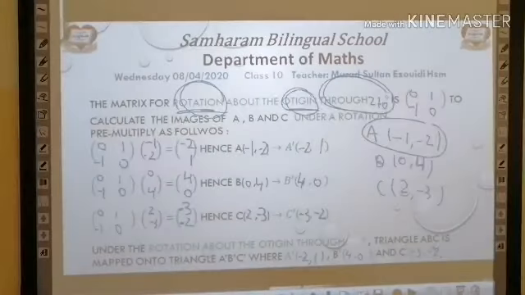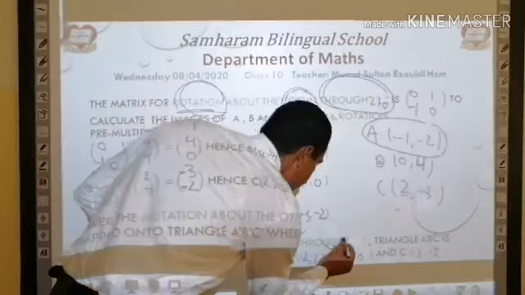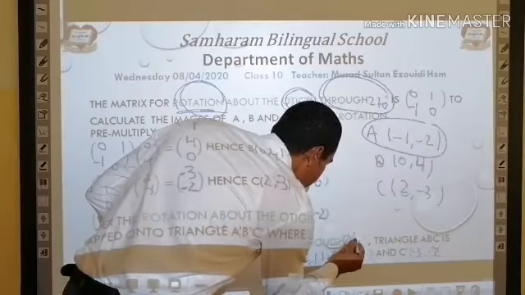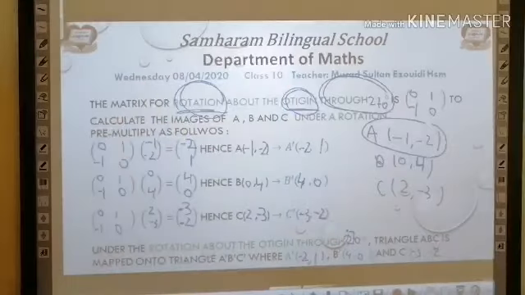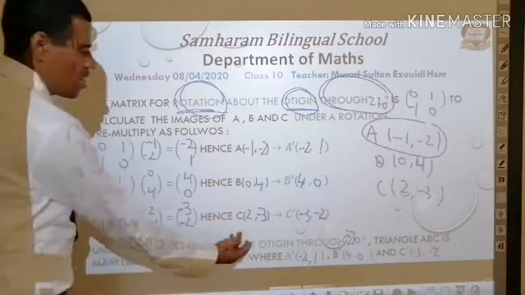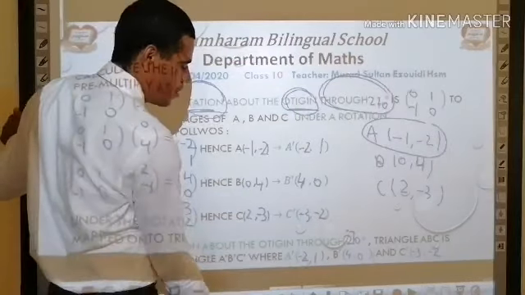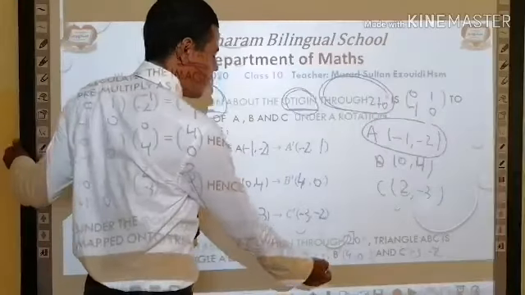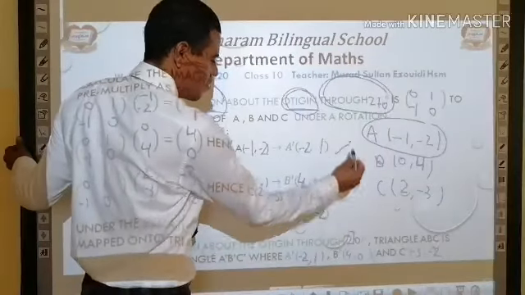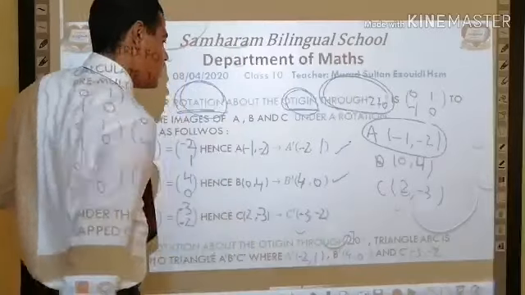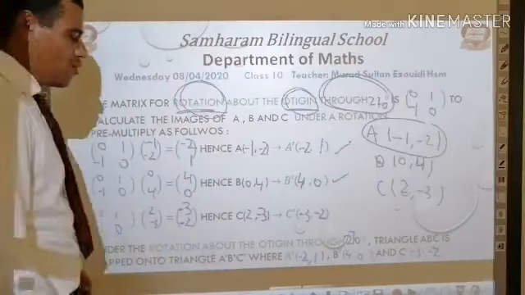We can see that under the rotation about the origin through 270 degrees, triangle ABC is mapped into triangle A prime, B prime, C prime, where A prime, you already calculated, has coordinates -2, 1, B prime is 4, 0, and C prime is -3, -2.